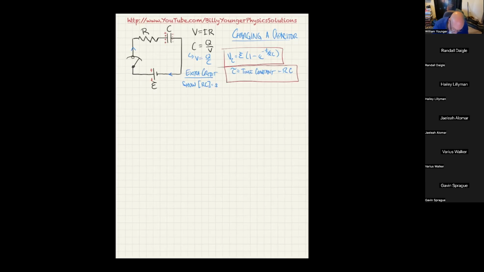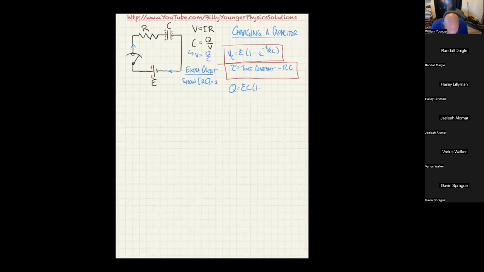Another equation you can get is that the charge on the capacitor, Q, is going to be equal to... if you take C equals Q over V and solve for V, what you get is V equals Q over C. But if you solve for Q, you get C times V. So what we're actually going to have here is E times C, and then times the exact same expression, 1 minus e to the negative t over RC.